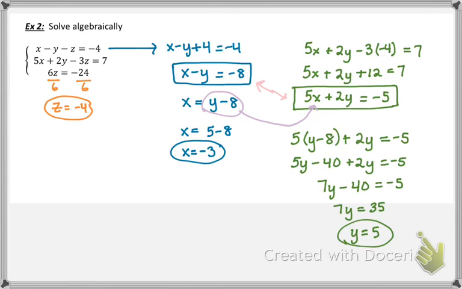So your final solution is, instead of an ordered pair, because you had x and y before, now because we have three variables, we have an ordered triple. So that would be ordered triple x, comma, y, comma, z. Negative 3, 5, negative 4. You've got an ordered triple. And if you were to graph this, then you would be graphing a point in 3D space.